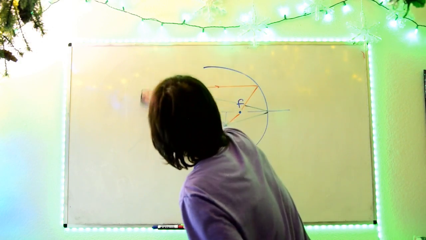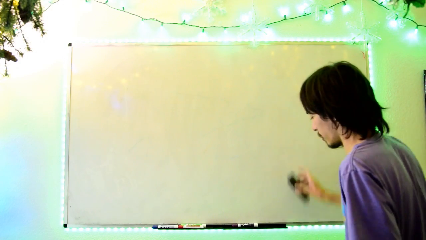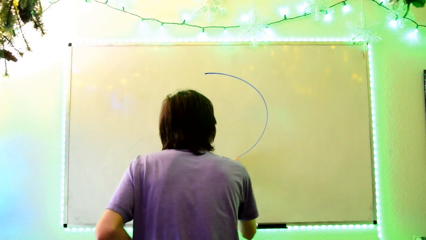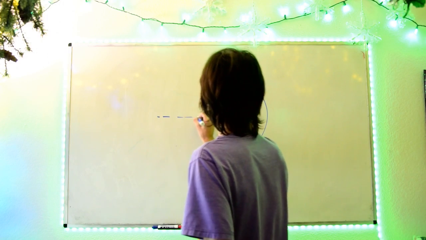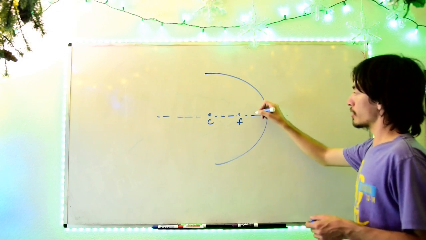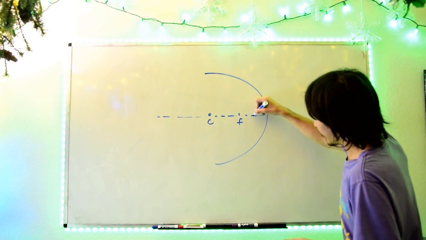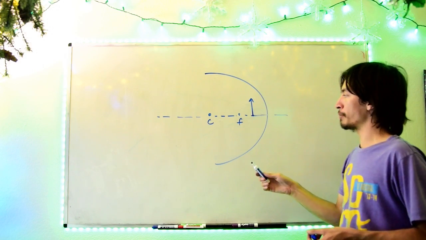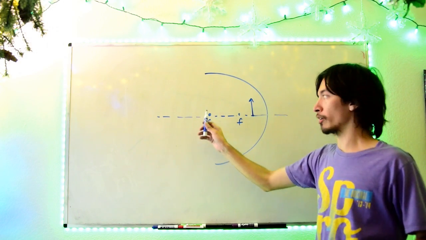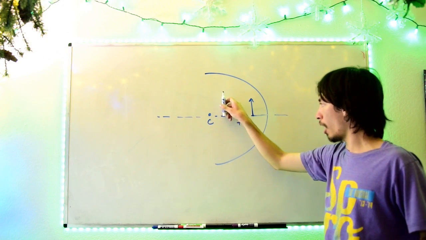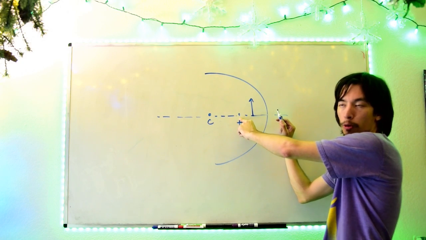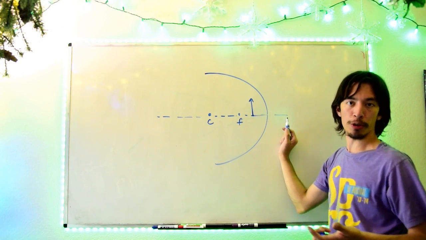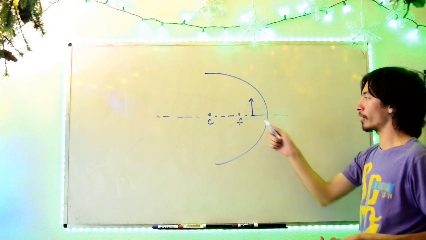So concave mirror, yes, it can give you a real image. However, it can also give you a virtual image. So concave, center of curvature, focal point. Let's say you stick the object inside the focal point. This is what I was talking about earlier, where if you move the object around a critical point such as the center of curvature or the focal point, it does change the image description every time you skip over one point.